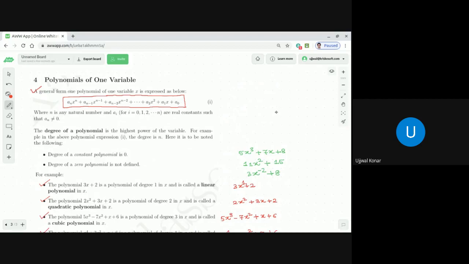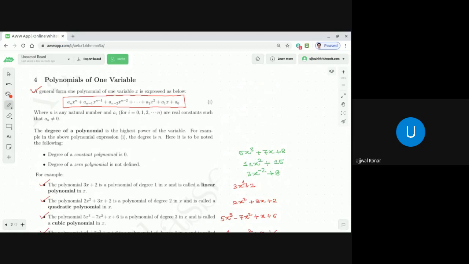Now, where n is any natural number and ai for i equal to 0, 1, 2 up to n are real constants such that an is not equal to 0.